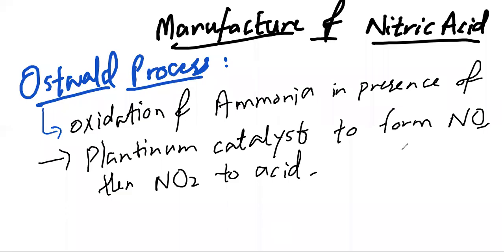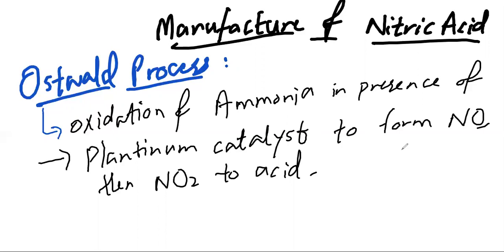The next topic is the manufacture of nitric acid. We use the Ostwald process to manufacture nitric acid. For commercial preparation, we start with the oxidation of ammonia in the presence of a platinum catalyst. What does a catalyst do? A catalyst speeds up or slows down the reaction without itself undergoing any change.